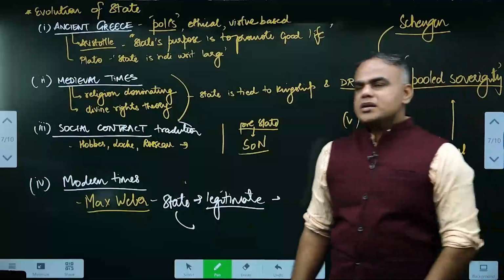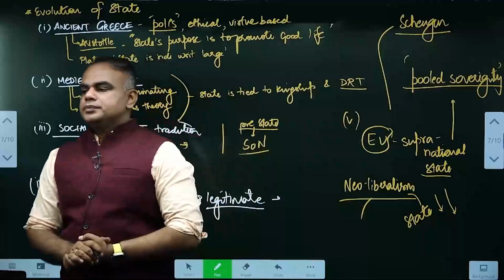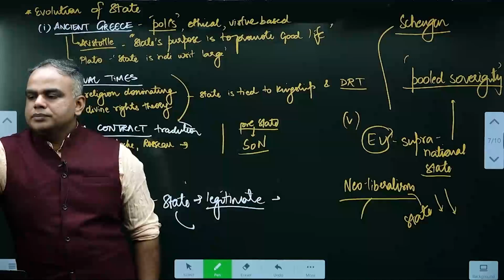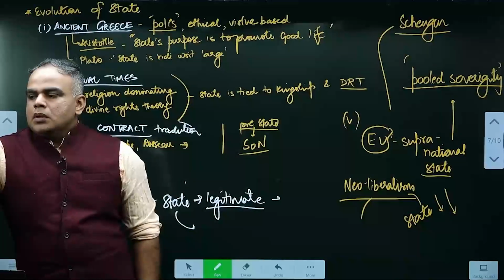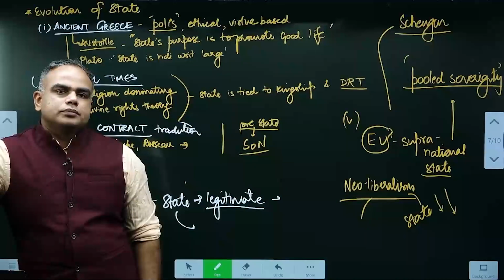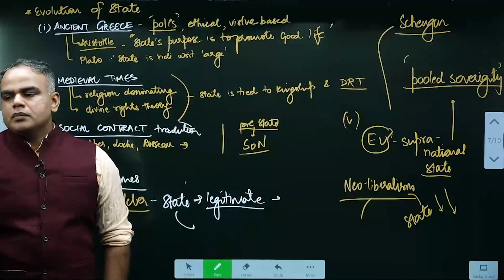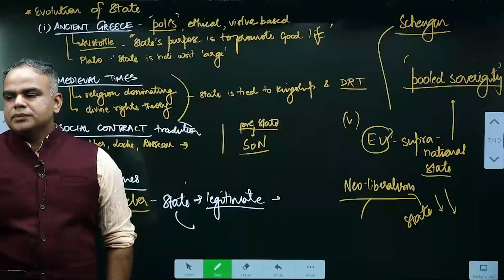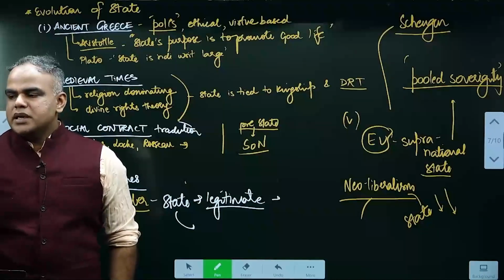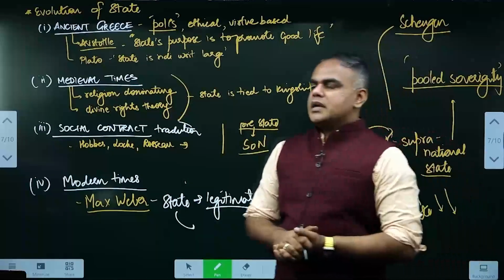With the rise of social contract tradition, these are all keywords for us, thinkers such as Hobbes, Locke and Rousseau presented a mechanistic and a secular view of the state.